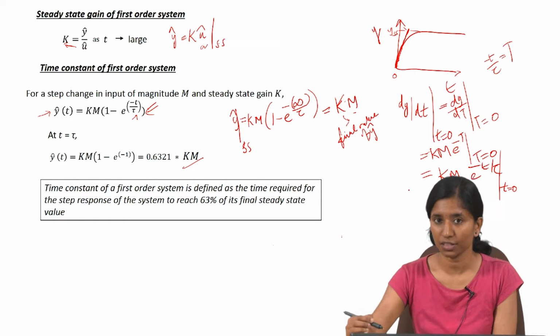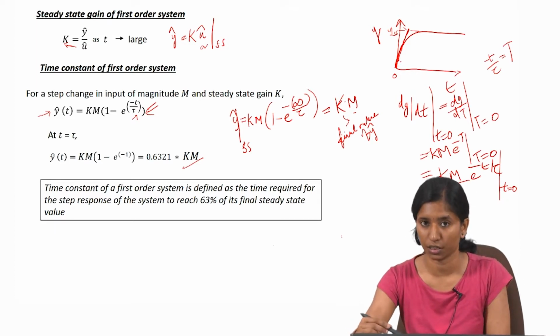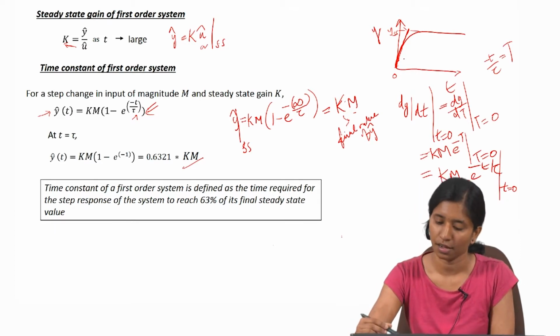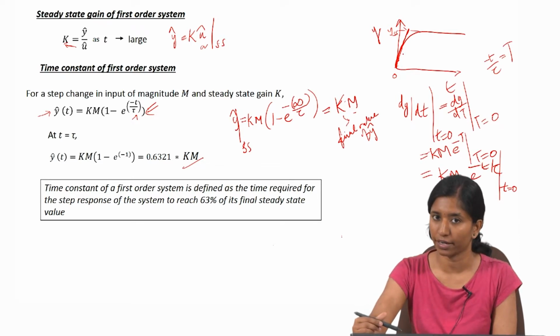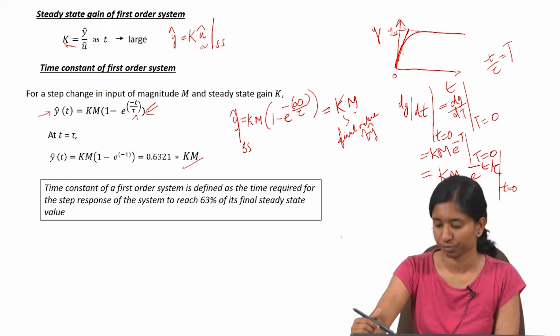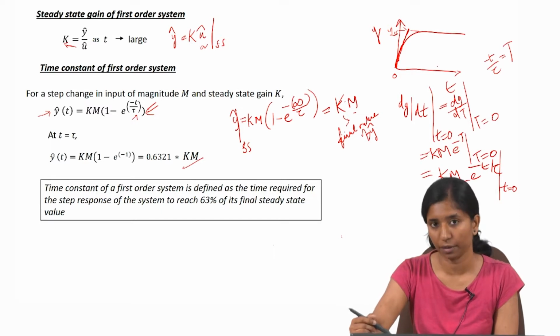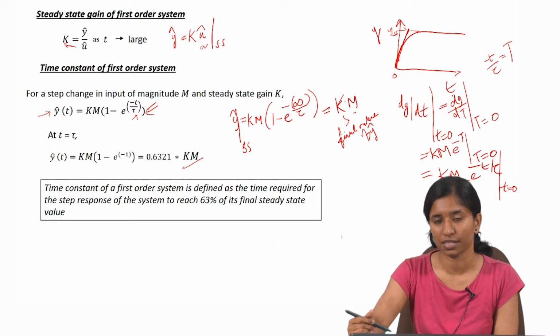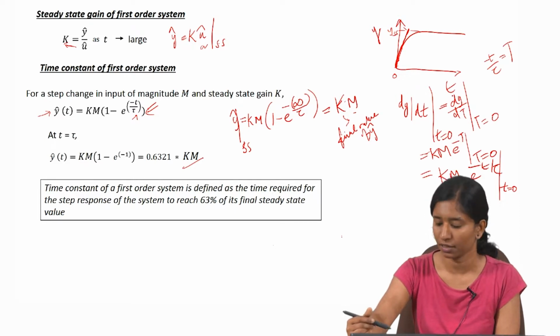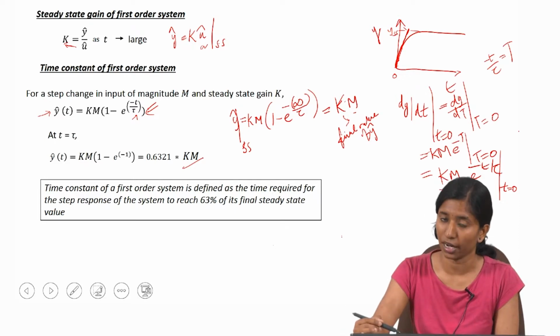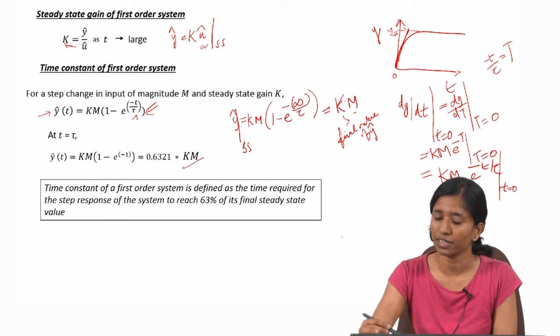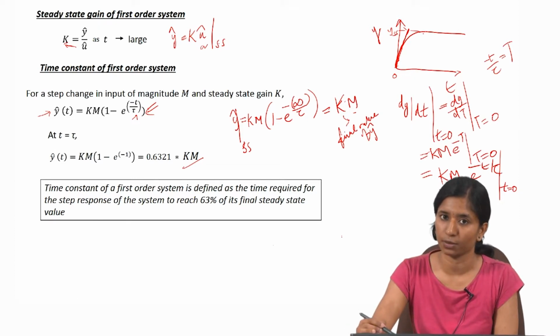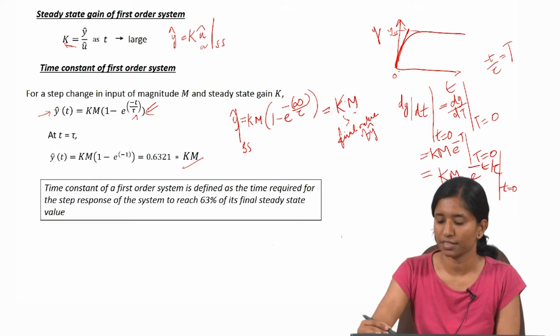So, if the initial rate of change of the response was maintained as it is, then the process will reach its final steady state value at time equal to 1 time constant. So, this is how the speed of response can be explained: if the time constant is high, the system will reach the final steady state value very slowly, but if the time constant value is very small, then the system will quickly reach the final steady state value.